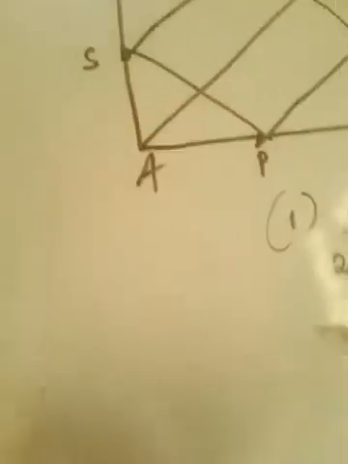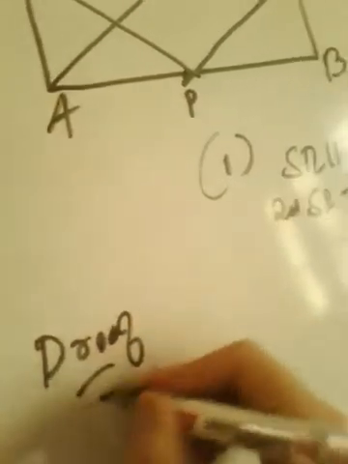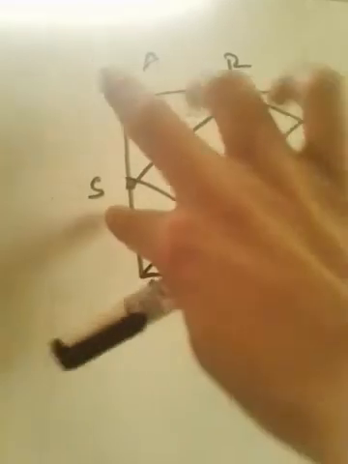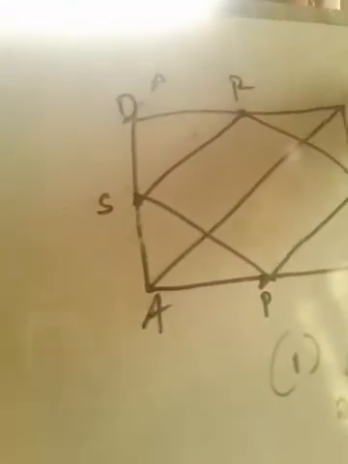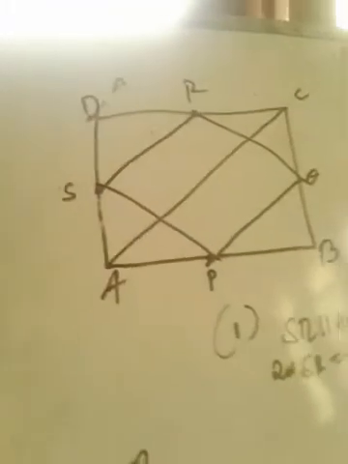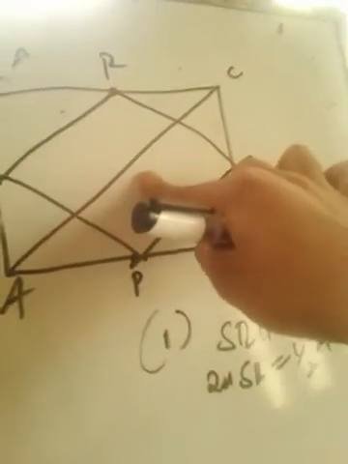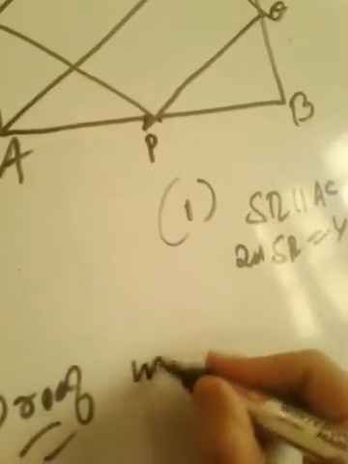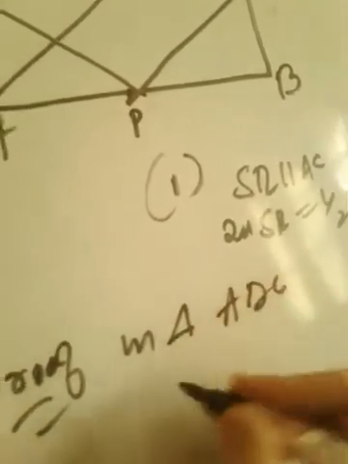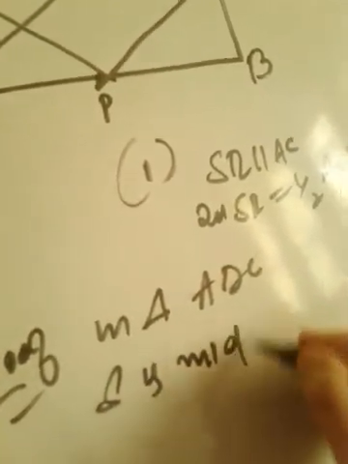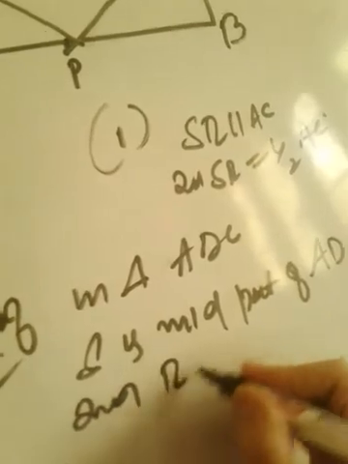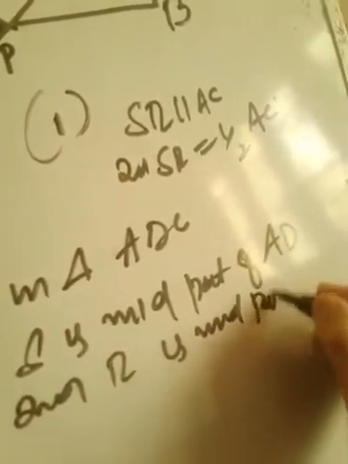So let's prove it. It's a very simple proof. In triangle ADC, S is the midpoint of AD and R is the midpoint of DC. The line segment joining the midpoints of any two sides of a triangle is parallel to the third side and is equal to half of it.